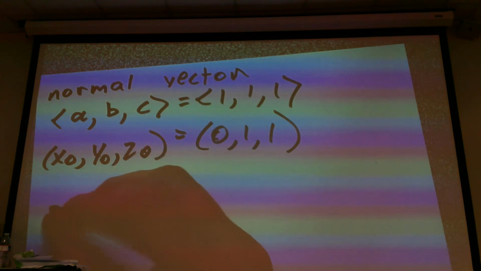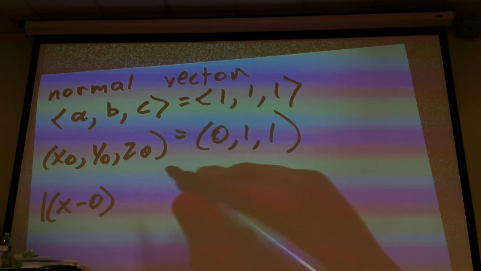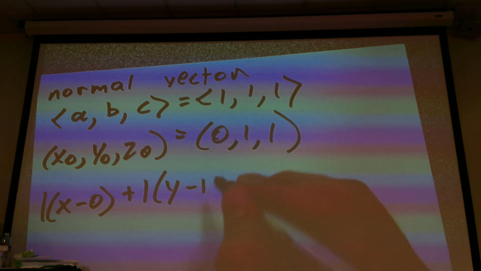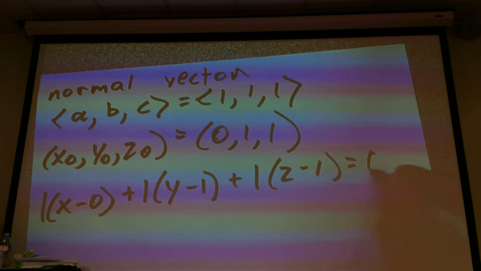So, we would have 1 times x minus 0 plus 1 times y minus 1 plus 1 times z minus 1. All of this is going to equal 0.